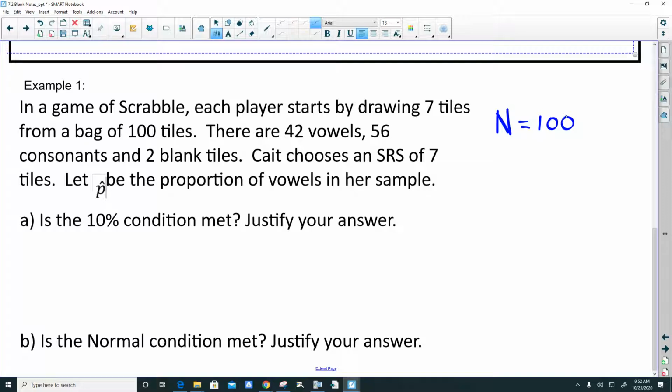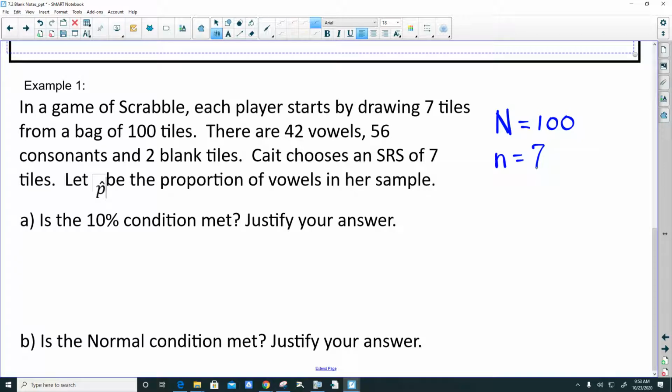It says they're going to be drawing out 7 tiles from that bag, so we use a lowercase n to represent our sample size. It mentions that there are 42 vowels and 56 consonants, and then 2 blank tiles. Kate chooses an SRS, a simple random sample of 7 tiles.